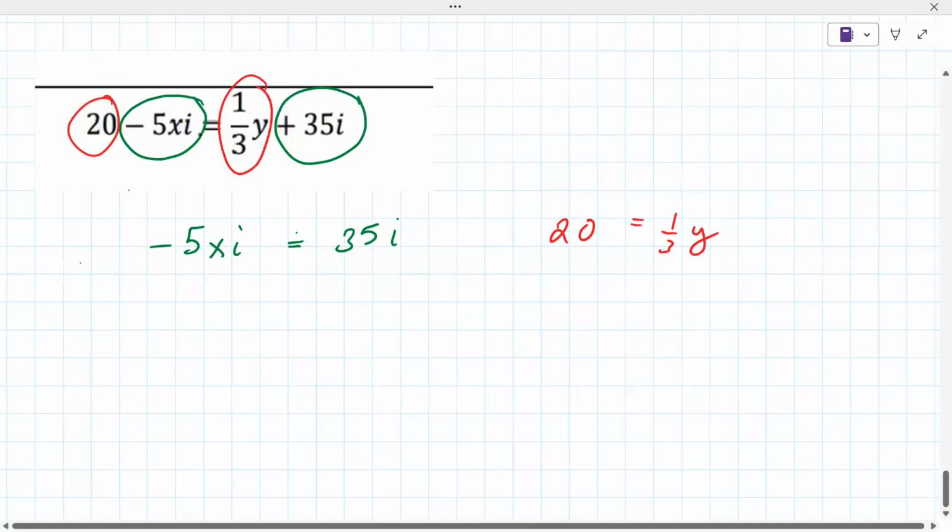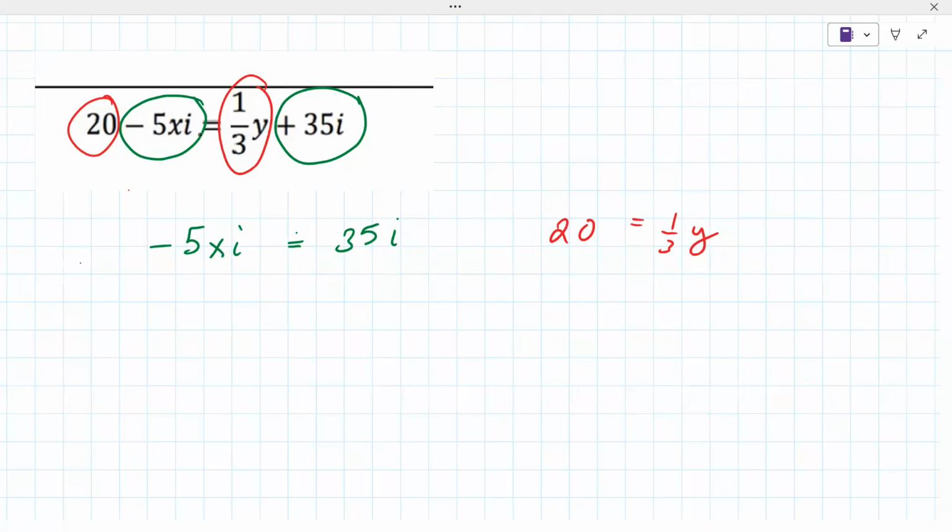I got x equals 7, and for the y, it would be y equals 60.